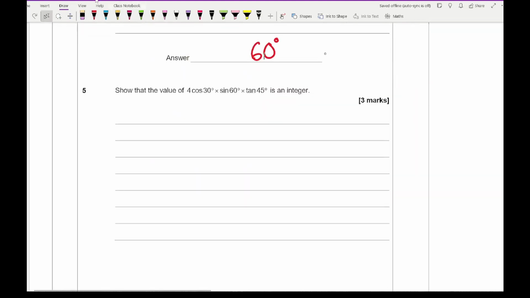Then moving on to question 5, it says show that the value of 4 cos 30 times sine 60 times tan 45 is an integer. So first things first, let's start by working out these values. Cos 30 is equal to root 3 over 2. We've got sine 60, which is equal to root 3 over 2 also.